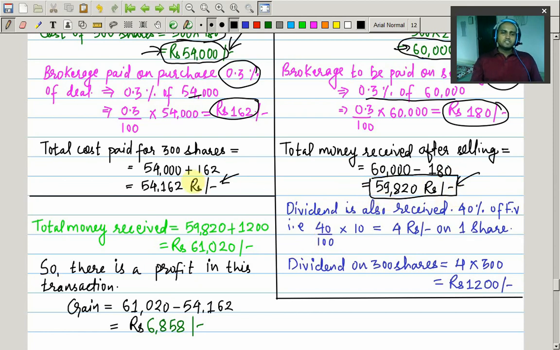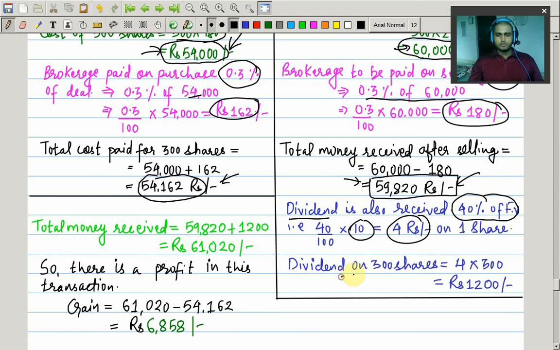And how much have I invested? 54,162. And this is 59,820. Obviously, I am in profit. But don't forget to add dividend. I also received dividend at 40% of face value. Unfortunately, face value is rupees 10, so the dividend will be less. 40% of face value rupees 10 is 4 rupees on one share.